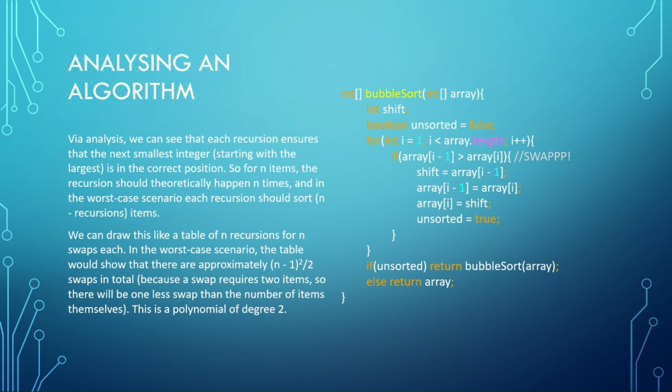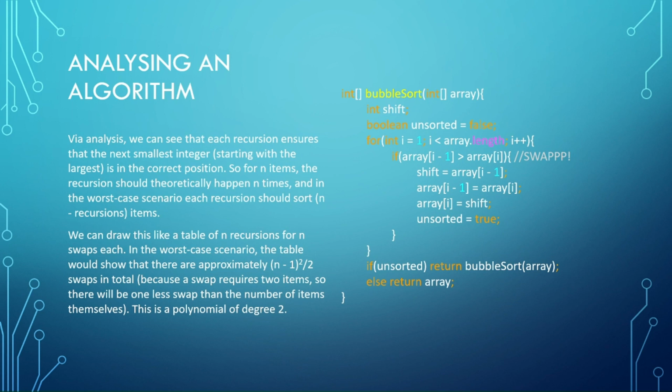We can draw this like a table. I haven't drawn the table, but if we were to draw it like a table of n recursions for n swaps each, then in the worst case scenario, the table would show that there are approximately n minus 1 squared over 2 swaps in total. I think that's right. I haven't drawn the table, as I say, but if I'm wrong, then I apologize.